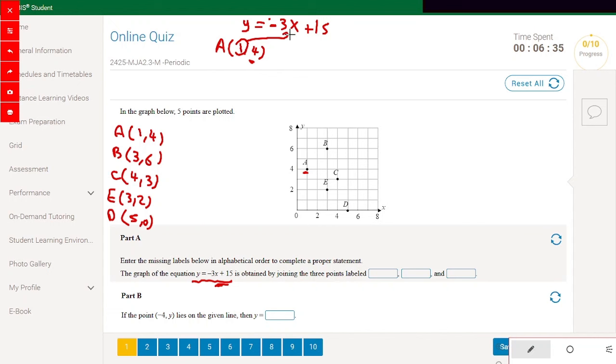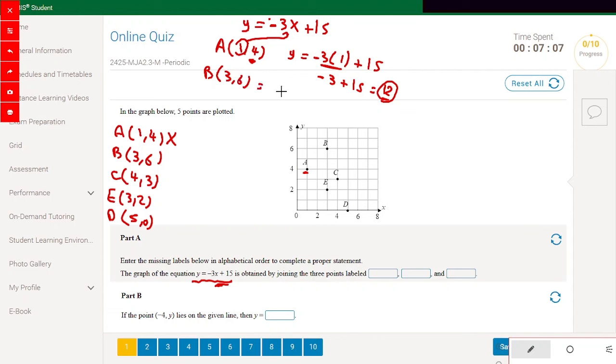So now x equals 1, so let's substitute here. So y will be equal to minus 3 times 1 plus 15. Minus 3 plus 15 equals 12. So y here is 12, but actually y here is 4, so A is not a point. Now let's see B. For B, I have 3 and 6.